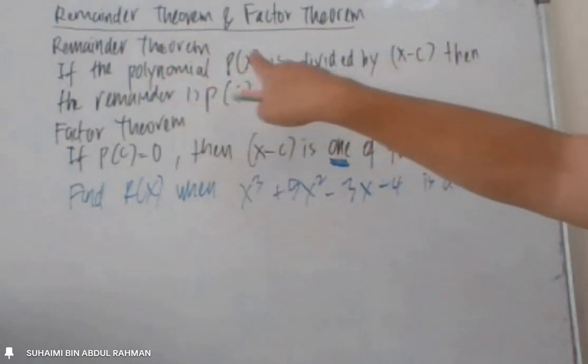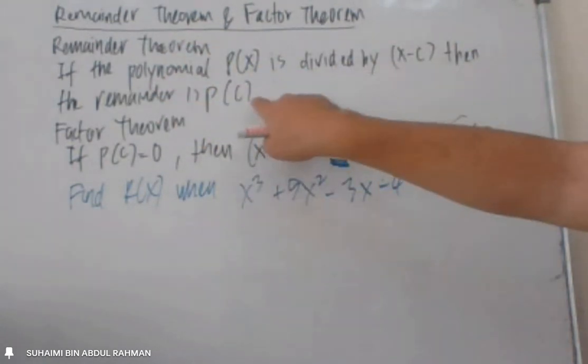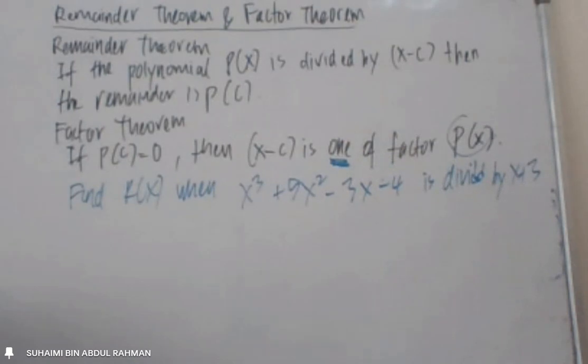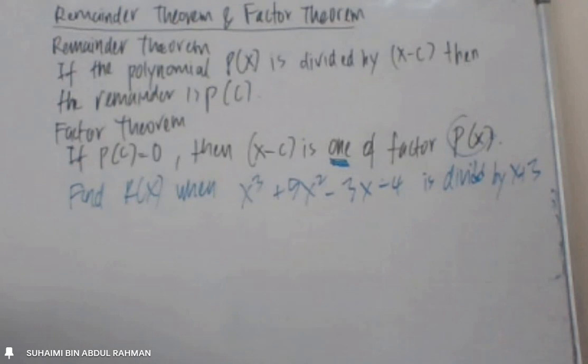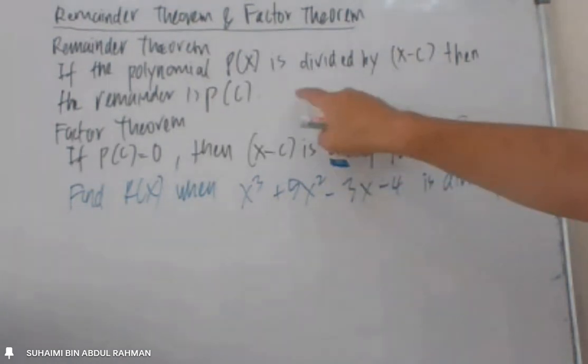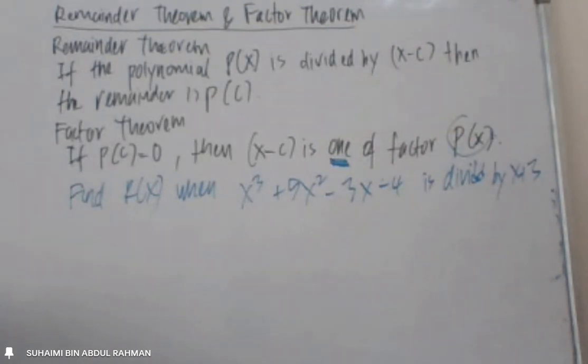Find the remainder when divided by x plus 3. So what does this sentence mean in a mathematical sentence? We can get the remainder straight away using x plus 3. We can replace x with minus 3.